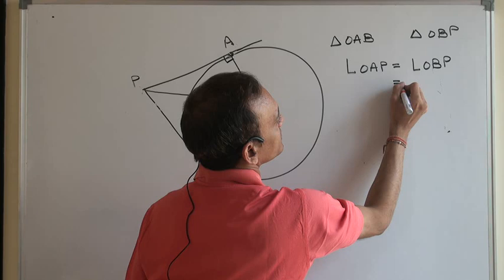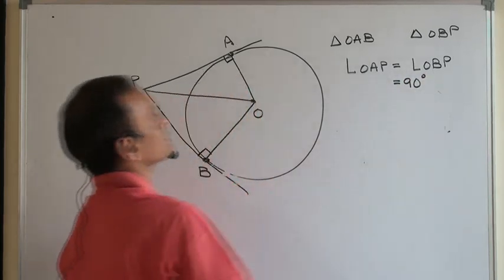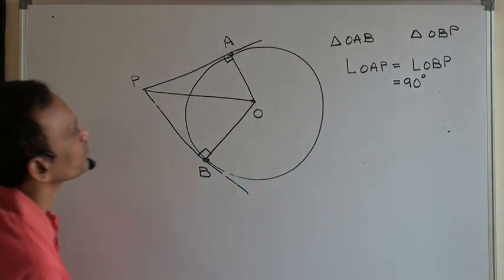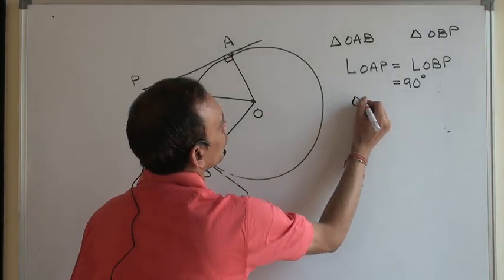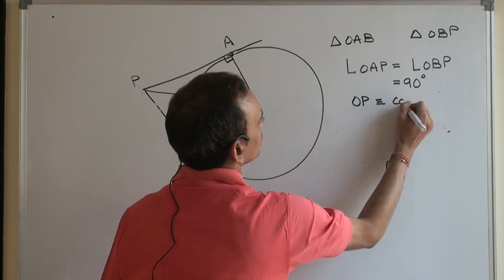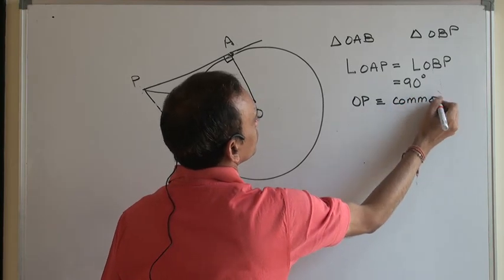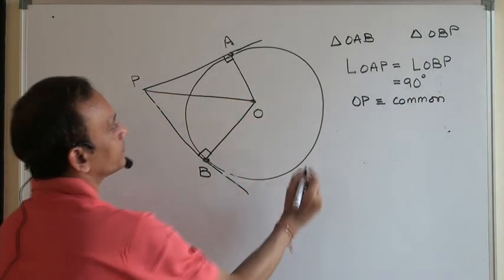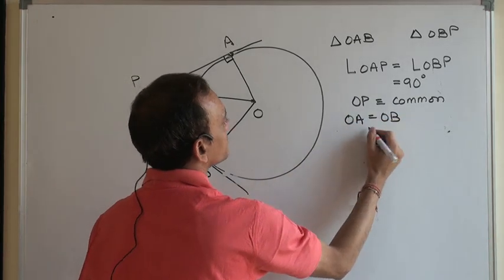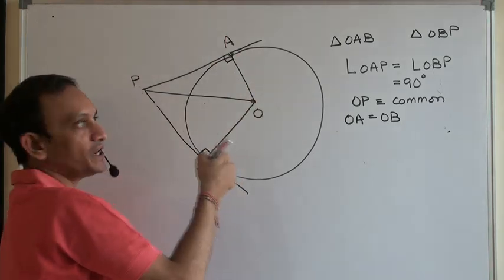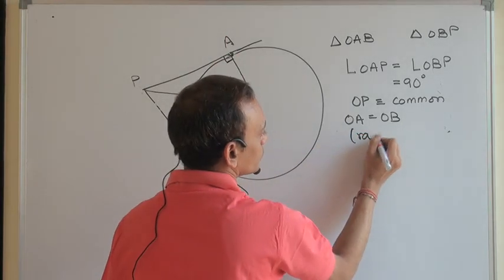Each is 90 degrees, right? Now, in the two right angle triangles, the side OP is common to both the triangles, and OA is OB. Why so? They are radii of the same circle.